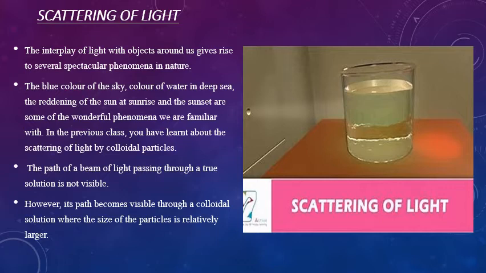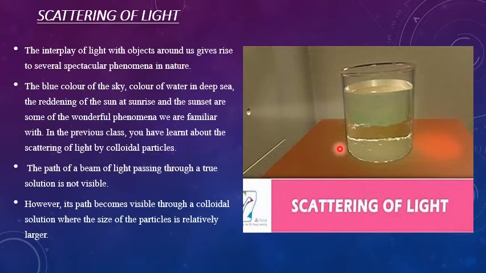The interplay of light with objects around us gave rise to several spectacular phenomena in nature. The blue color of the sky, the color of water in the deep sea, and the reddishness of the sun at sunrise and sunset are some of the wonderful phenomena we are familiar with. In the previous class, you learned about the scattering of light by colloidal particles.